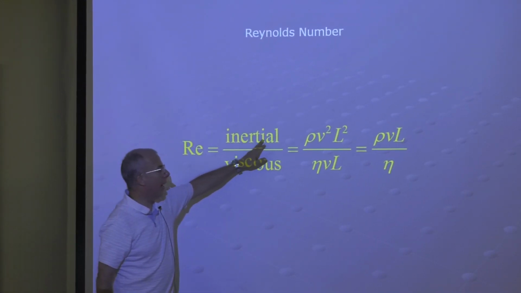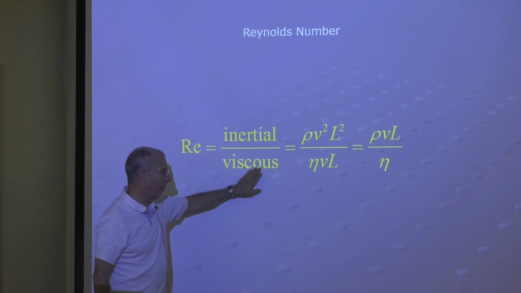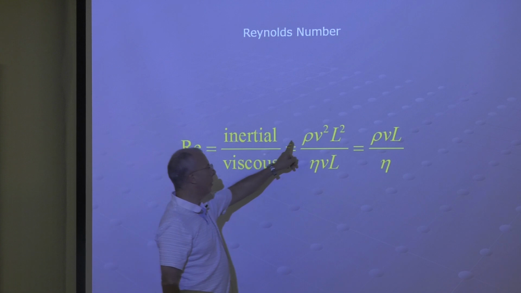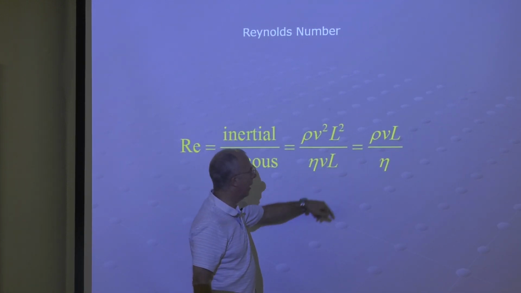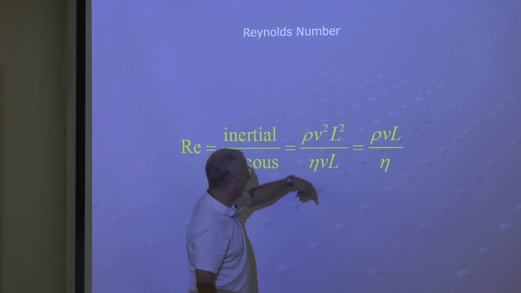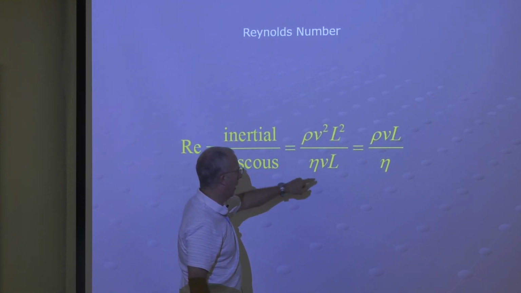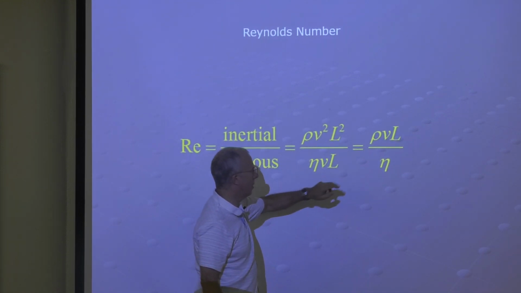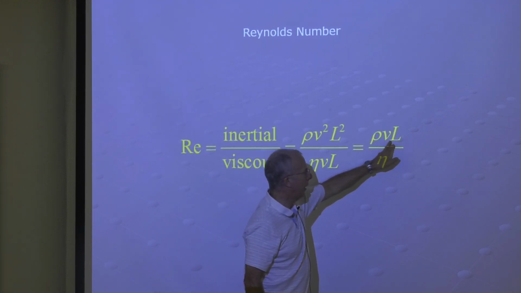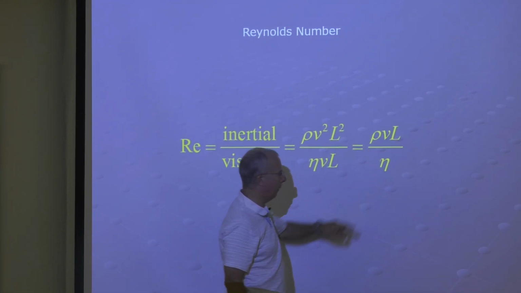It's the inertial drag divided by the viscous drag. Here's the inertial drag, here's the viscous drag. One of these V's cancels, and one of these L's cancels, so you just get density times velocity times size of object, divided by the viscosity.